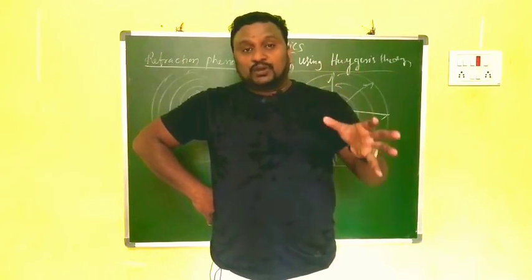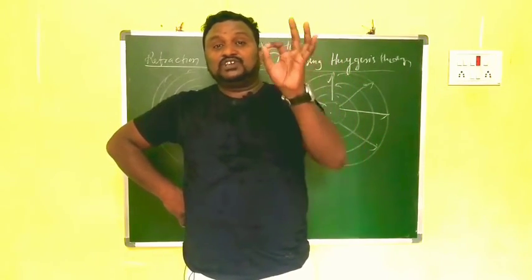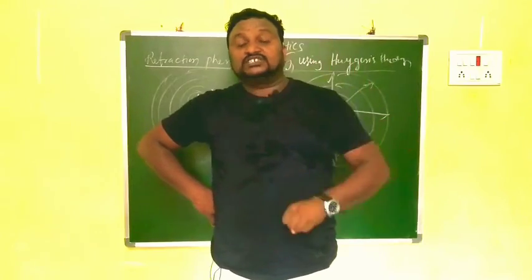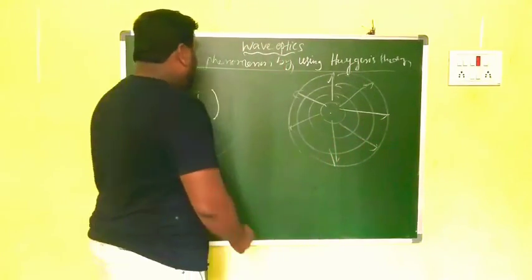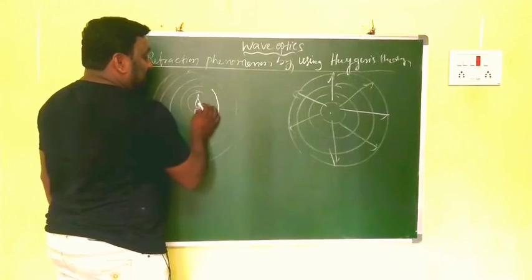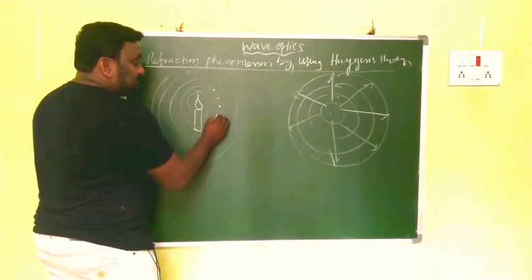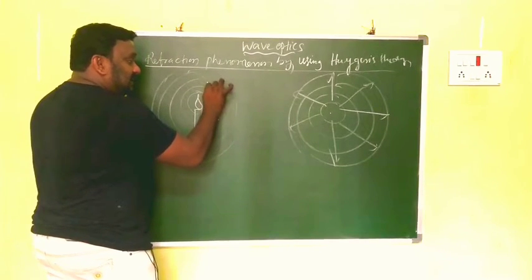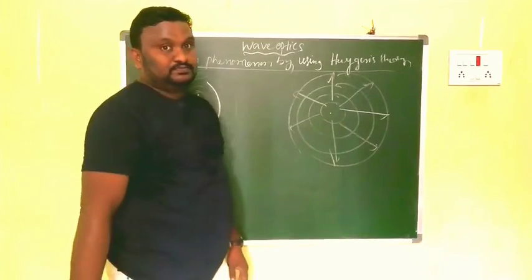When they have the same properties, the locus of all the particles which are in the same phase of vibration is taken as a wavefront. That means here this is a source, and at these points the particles which are reached have the same phase of vibration.